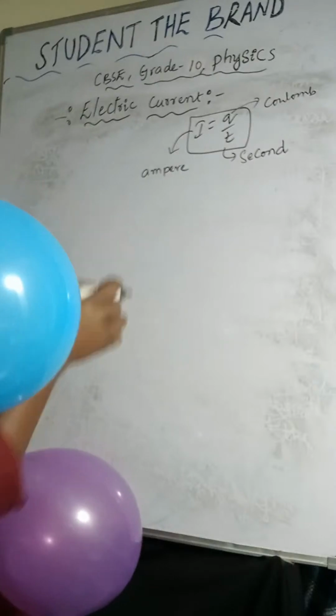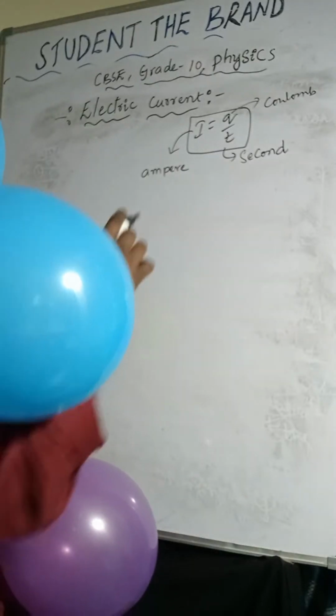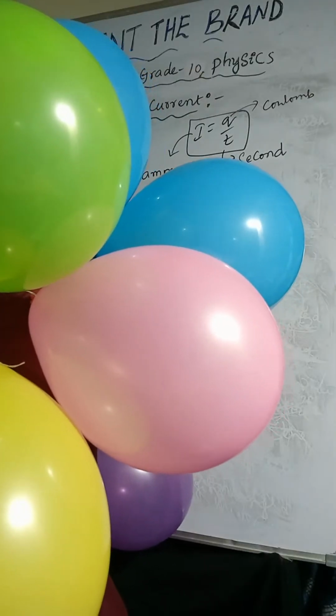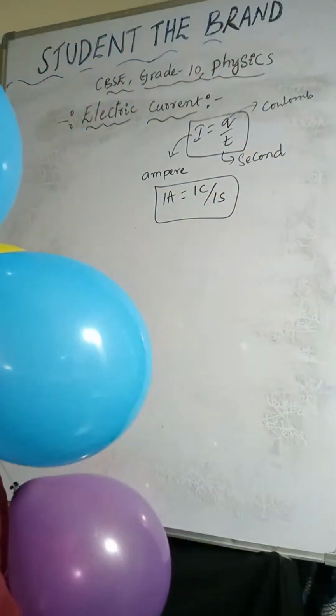Now you can take I equal to Q by T, right? So 1 ampere is defined as 1 coulomb of charge flowing through unit cross section area per second.